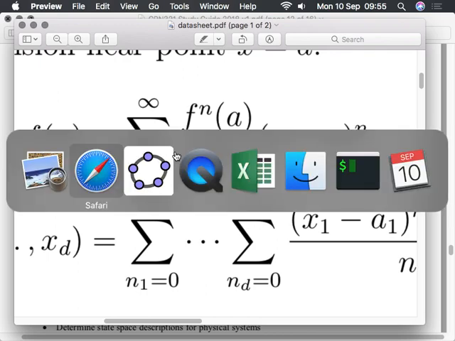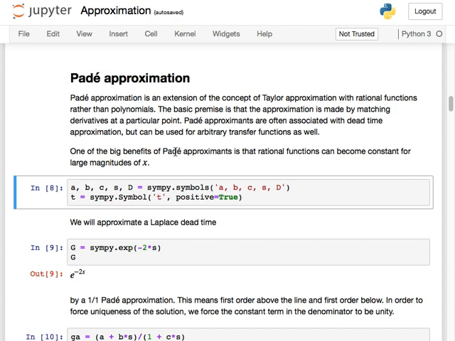So Padé approximation is like Taylor approximation in this one thing that it is trying to do. It does the same as Taylor approximation in the sense that it matches the derivatives of the target function down as many orders as we want.